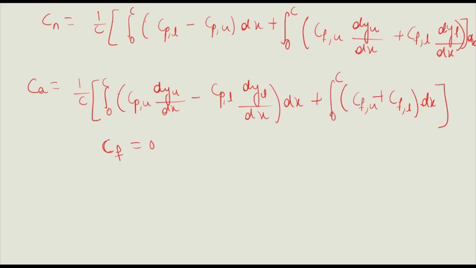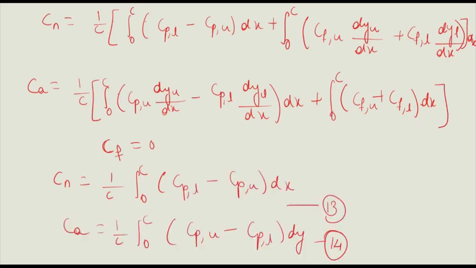So when I say Cf is equal to 0, what happens to the above equation Cn over here? So after substituting Cf is equal to 0, these are the equations that we get. Let us say this is our equation 13 and 14.